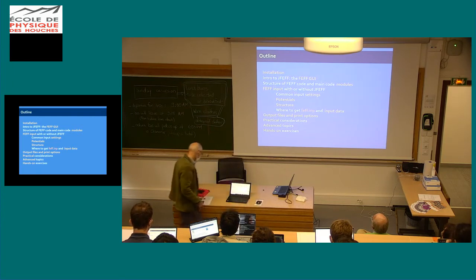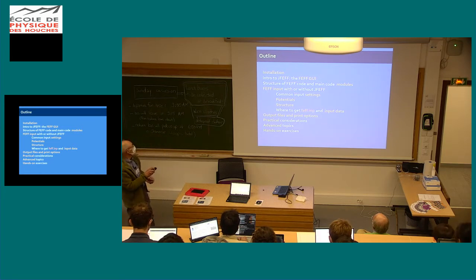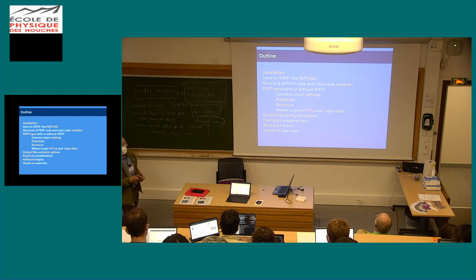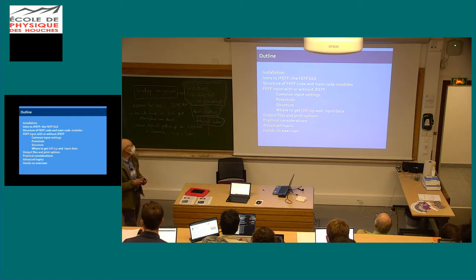Okay, well, this is a kind of preview of what we're going to discuss. So basically, I'll discuss the structure of the code itself and the sequence of steps. We call them modules. The input that's needed to run it, it'll be structural and other inputs.